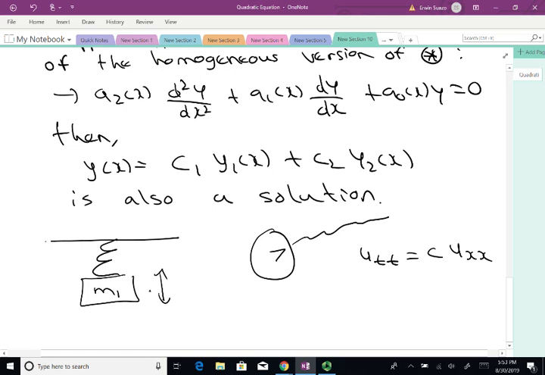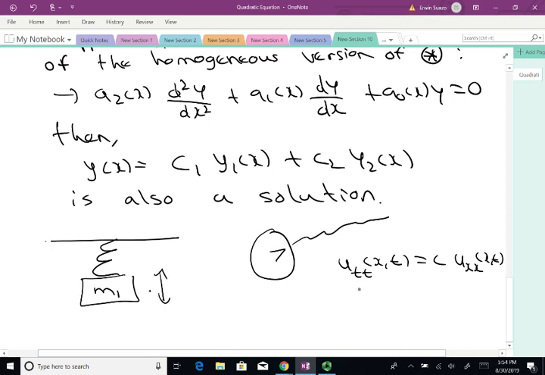What is a wave equation? This is a function of two variables. Let me be more precise since it's the first time that I write it down. You get u_tt, which means the second derivative with respect to time of u, equals c times u_xx.